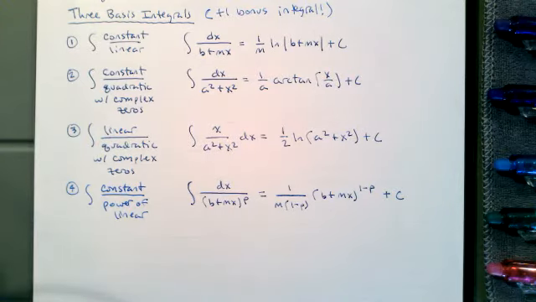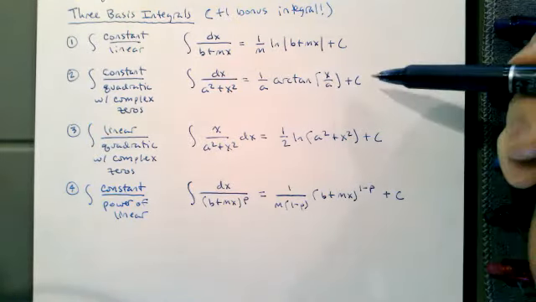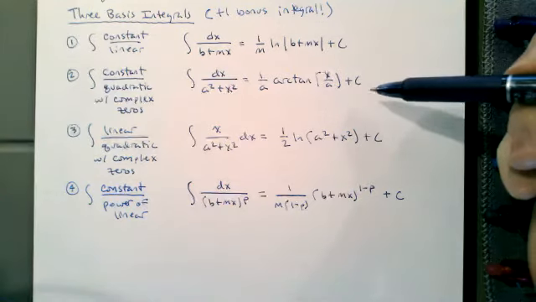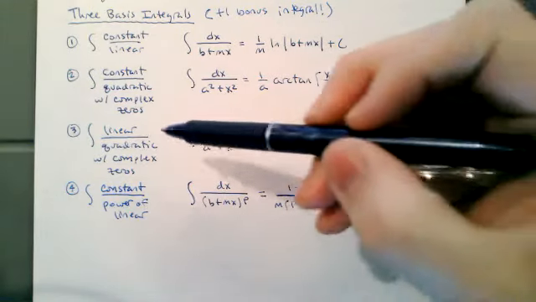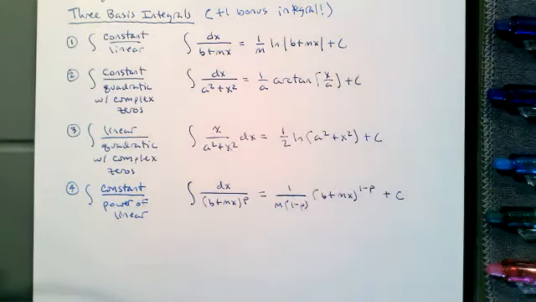All right. The next thing that we need is algebra to get us into these cases. So yesterday we introduced these 2 cases, a constant over a quadratic with complex zeros and a linear over a quadratic with complex zeros. If the degree of the numerator is greater than or equal to that of the denominator, we use long division.